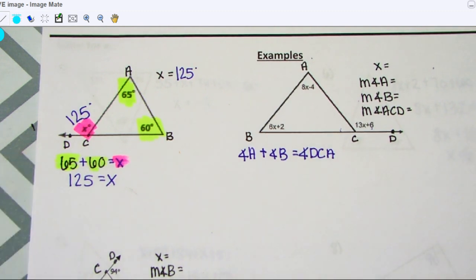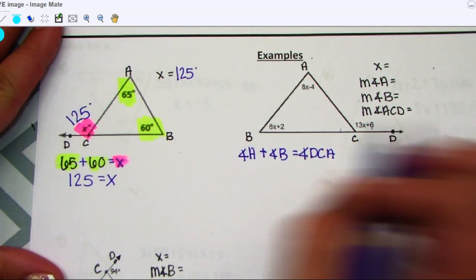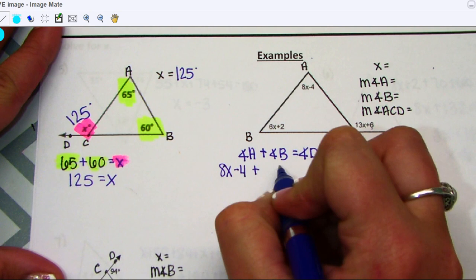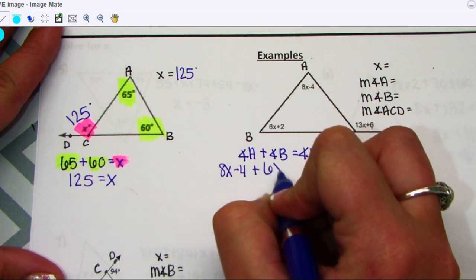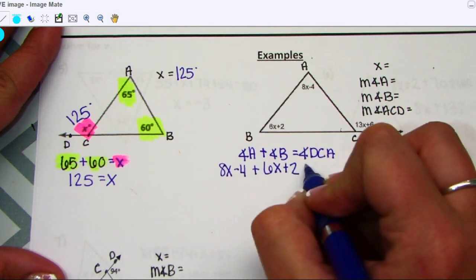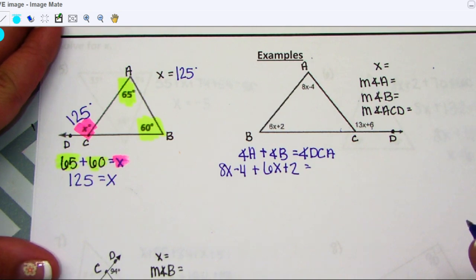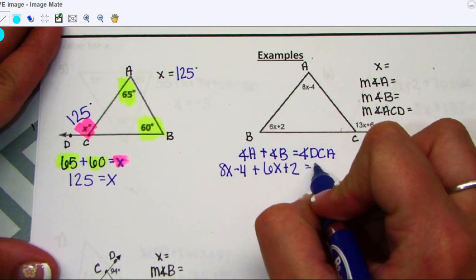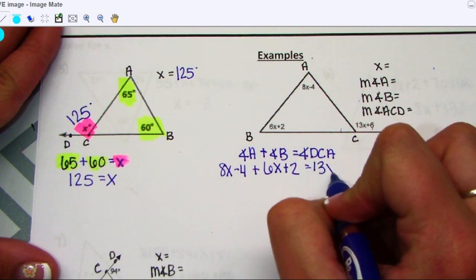Let's substitute. What's my equation going to look like here? 8x minus 4 plus 6x plus 2. That's a 6, it's a little hard to read, but that's okay. Equals what? 13x plus 6. There we go.